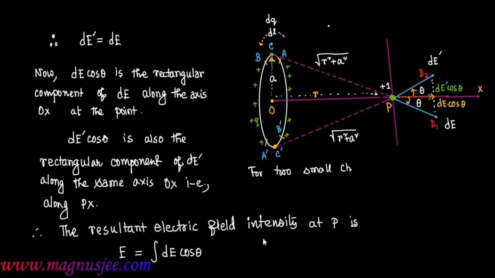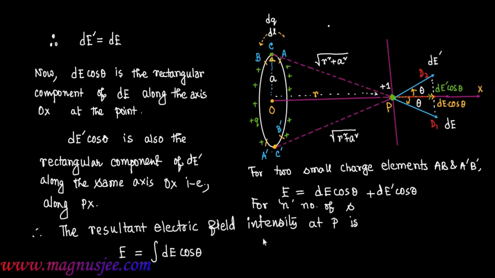For the two small charge elements AB and A prime B prime, the resultant field intensity is dE cos theta plus dE prime cos theta along the axis OX of the charge ring.